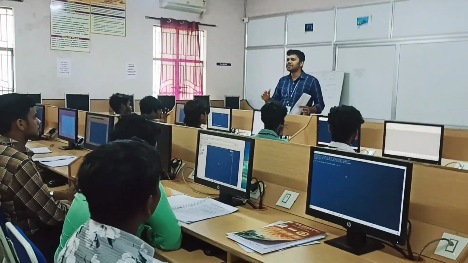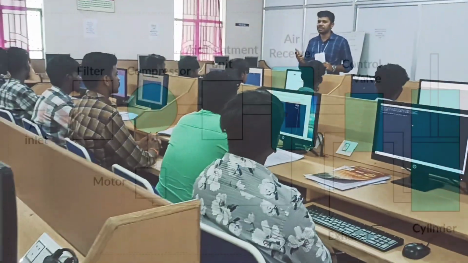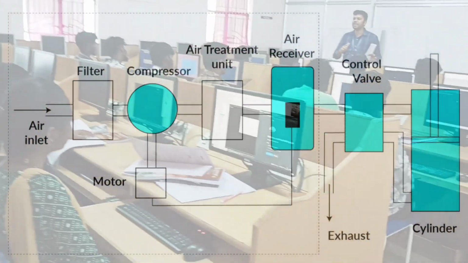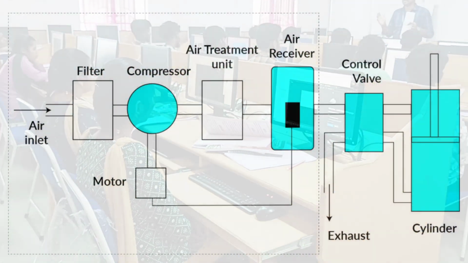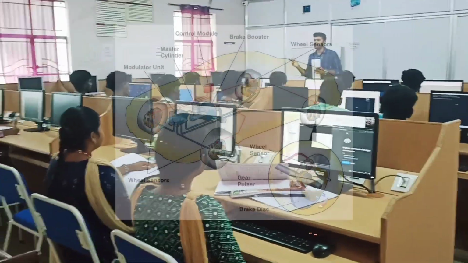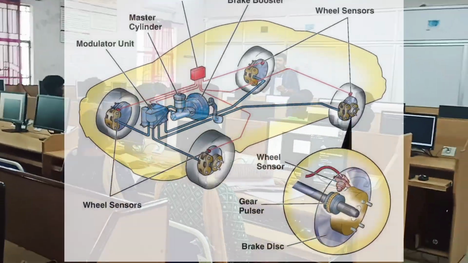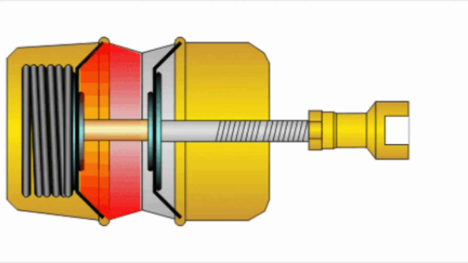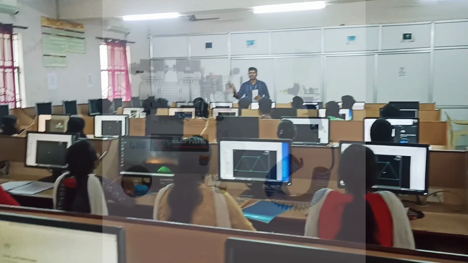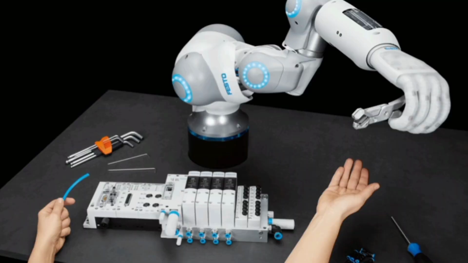A pneumatic system includes an air compressor to generate compressed air, control valves to regulate airflow, and actuators to create movement. The applications of pneumatics you will find in air brakes in trucks, spray painting systems, robotic automation, and medical devices like ventilators.